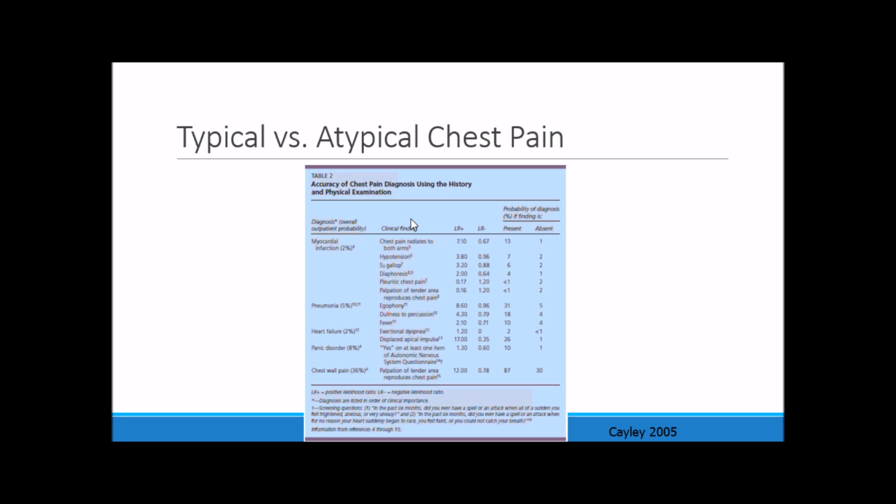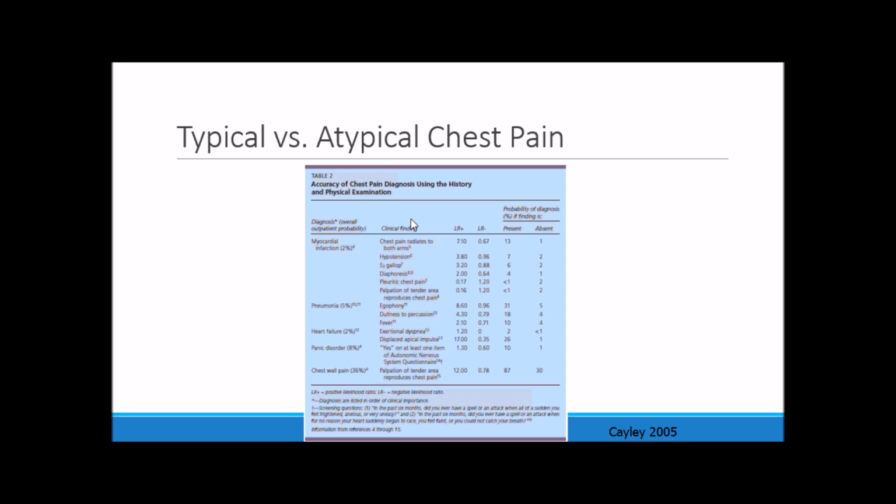So if you look at chest pain radiating to both arms, the likelihood ratio is 7.1. It's pretty high. If you look at palpation of tender area reproduces chest pain, the likelihood ratio is 0.16. So that's moderately predictive. It's helpful, but it's not super helpful.